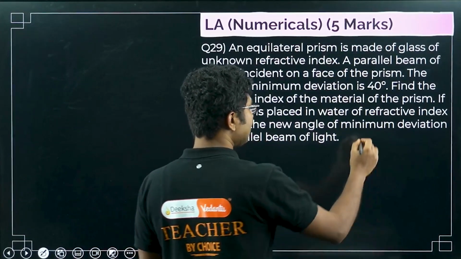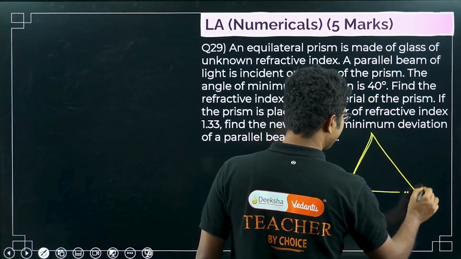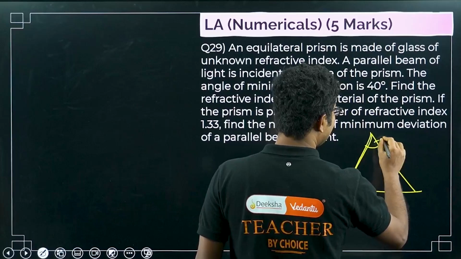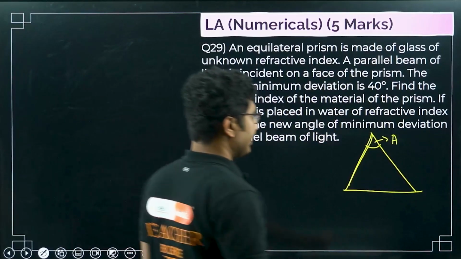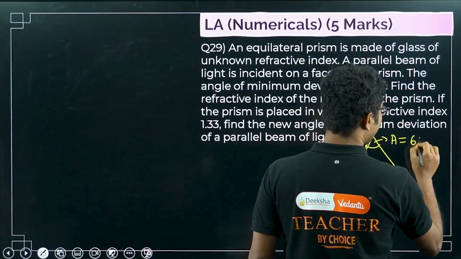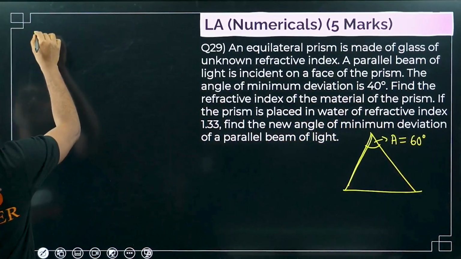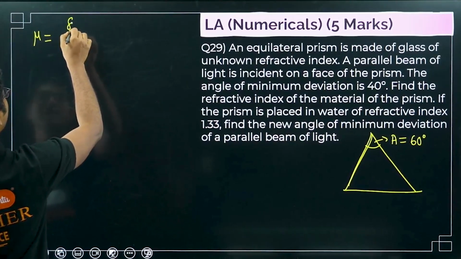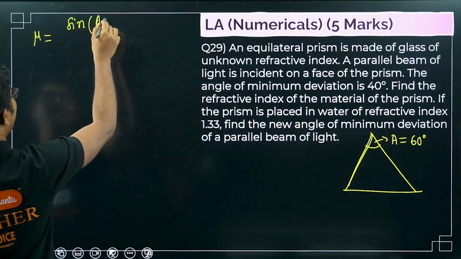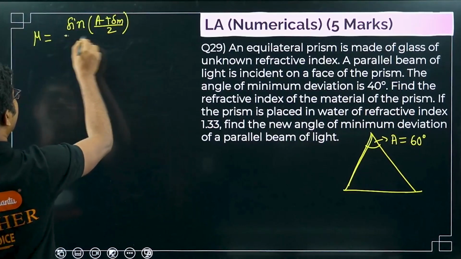So first they have given you an equilateral prism made of glass of unknown refractive index. Equilateral prism basically means the angle of the prism is equal to 60 degrees. Right, equilateral prism means angle of the prism is 60 degrees. Now we know that refractive index in case of a prism is given by mu is equal to sine of (A plus delta minimum) by 2 divided by sine of A by 2.